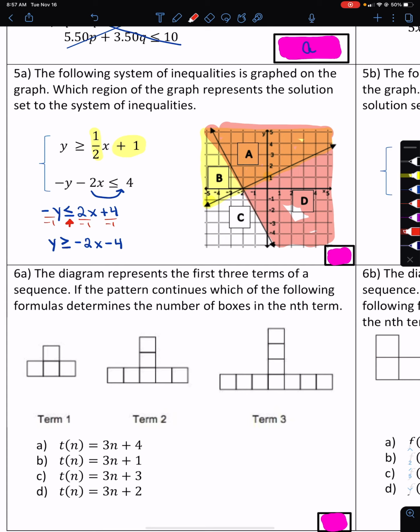So I'm looking for the area or the region where the two colors overlap. And in this case, that region is going to be A. Go ahead and pause the video and work on 5B.